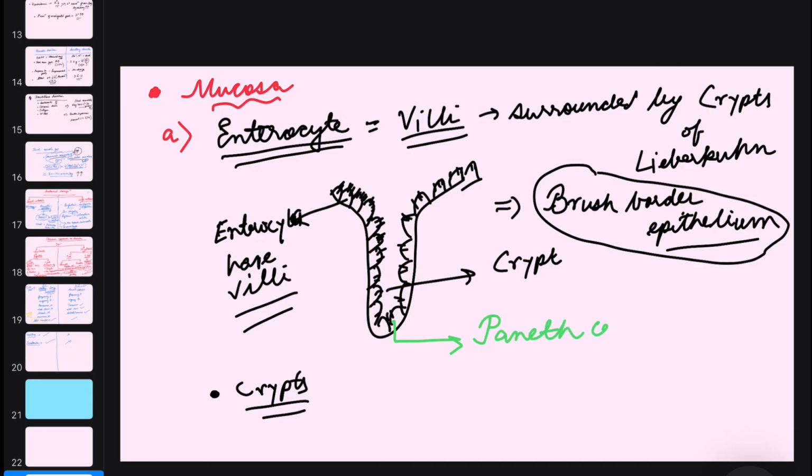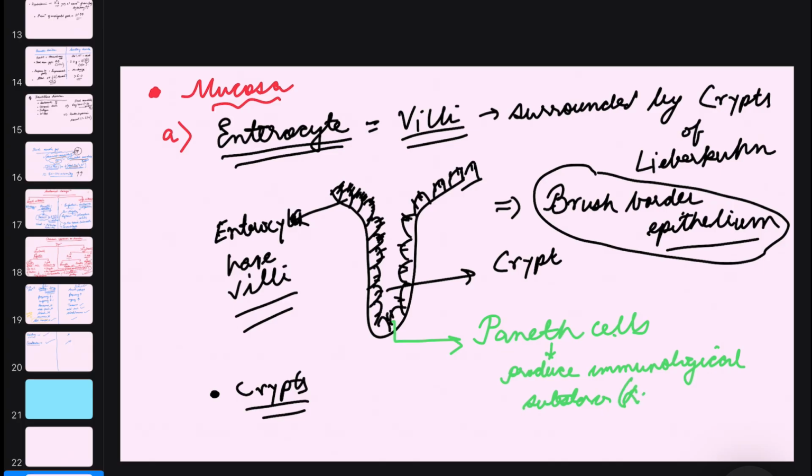Paneth cells. Okay, they are at the base. And what will they do? These Paneth cells will produce immunological substances. Like what? Like alpha defensins, lysozymes, phospholipase A2, these things.